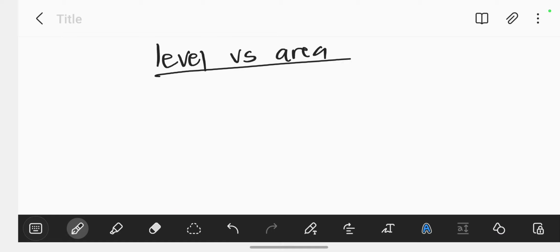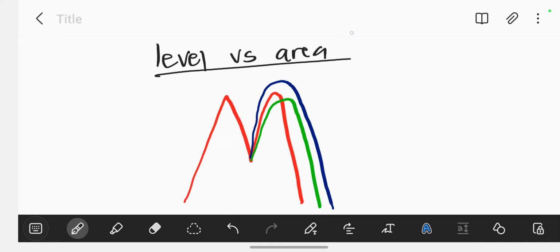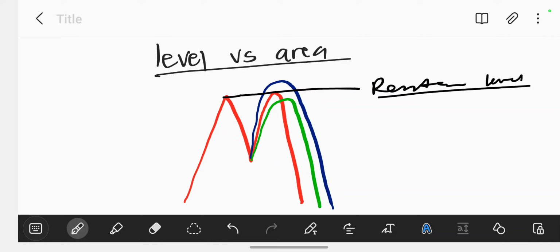Let's make the price like this: red, and then green, and then let's use blue. You see? So if I'm trading the level, I'll put my line there and say that's my resistance level, right? Like you already mentioned.